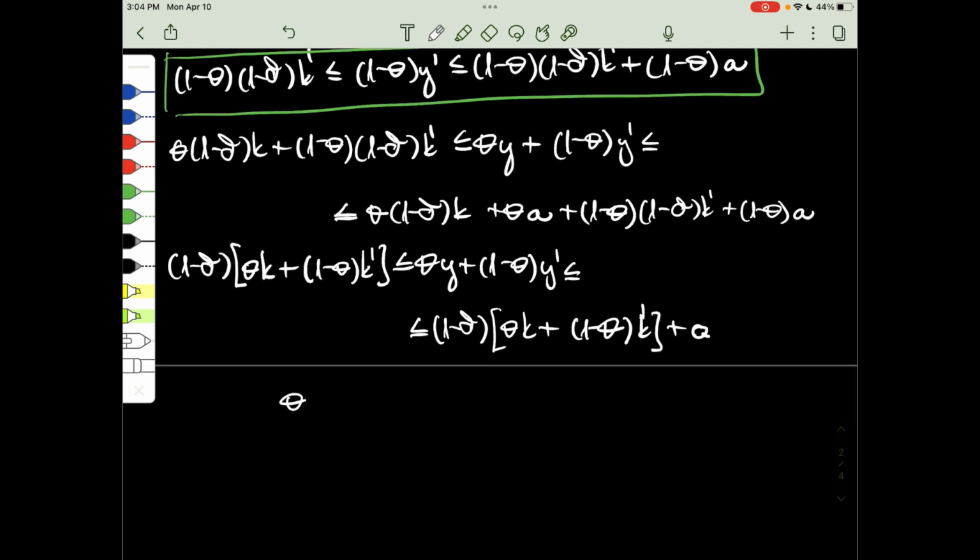Because with some simplification, it follows. And this was what we wanted to demonstrate.